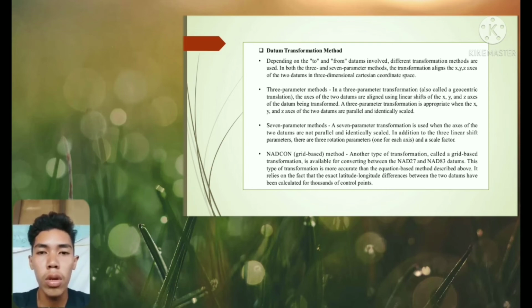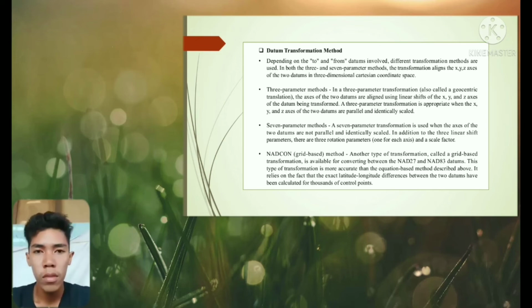NADCON method, or grid-based. Another type of transformation, called a grid-based transformation, is available for converting between the NAD27 and NAD83 datums. This type of transformation is more accurate than the equation-based method described above. It relies on the fact that the exact latitude-longitude difference between the two datums has been calculated for 1,000s of control points.